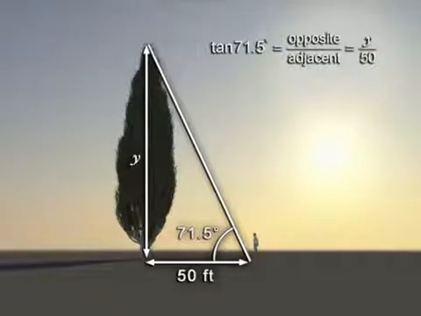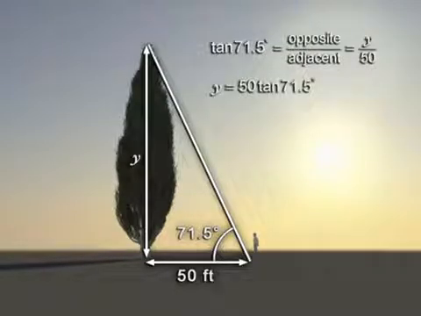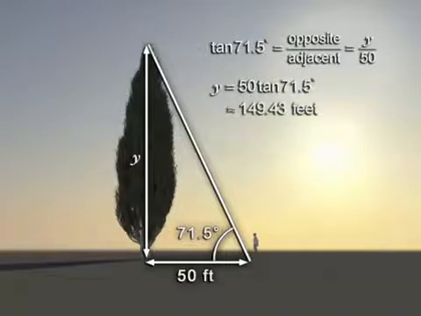And y is what I'm interested in. So with that equation, multiply through by 50, and you get y equals 50 times the tangent of 71.5 degrees. I punch that in my calculator in degree mode, and I get approximately 149.43 feet. That's the height of our tree. Good.